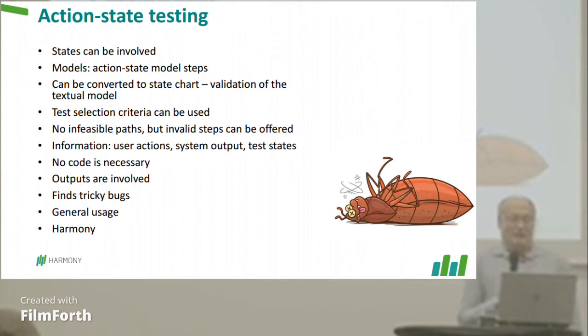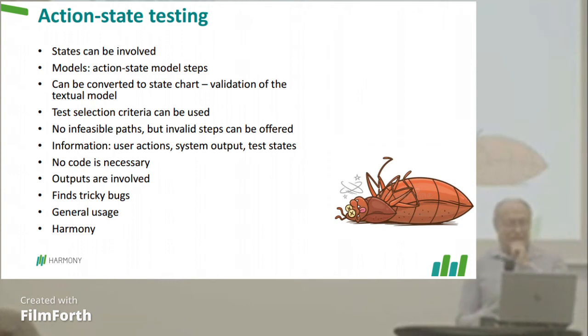So, in action state testing, the states may be involved, but not obligatory, and can be converted to a state chart for validation purposes, and we can use any test selection criteria.